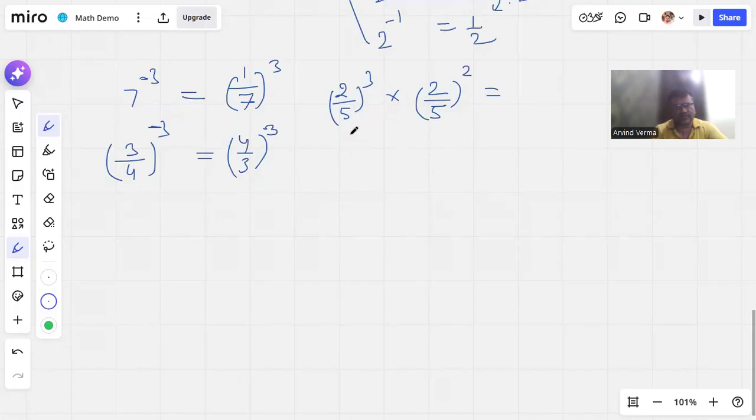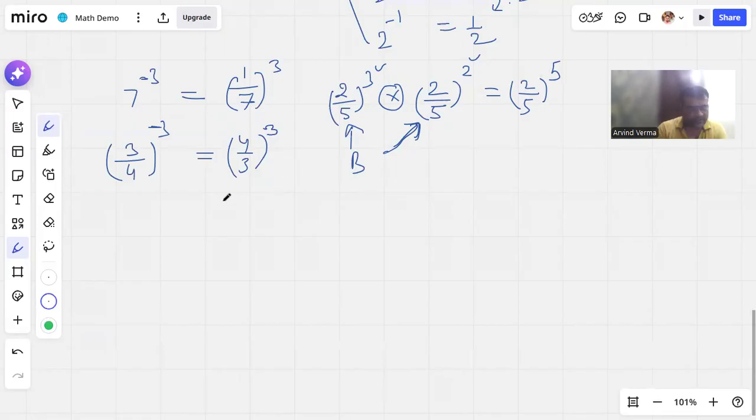Now we have 2 upon 5, this is our base, and these are the exponents 3 and 2, and here is the multiplication sign. Whenever there is the same base and they are being multiplied, the exponents are added. So (2/5) raised to the power 3 plus 2, that is 5.